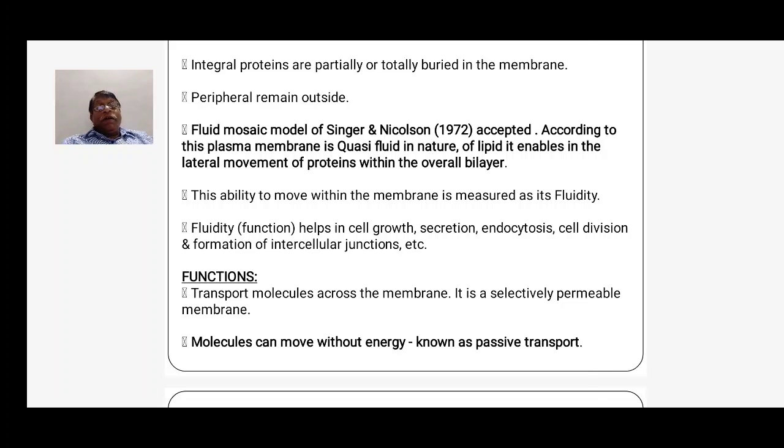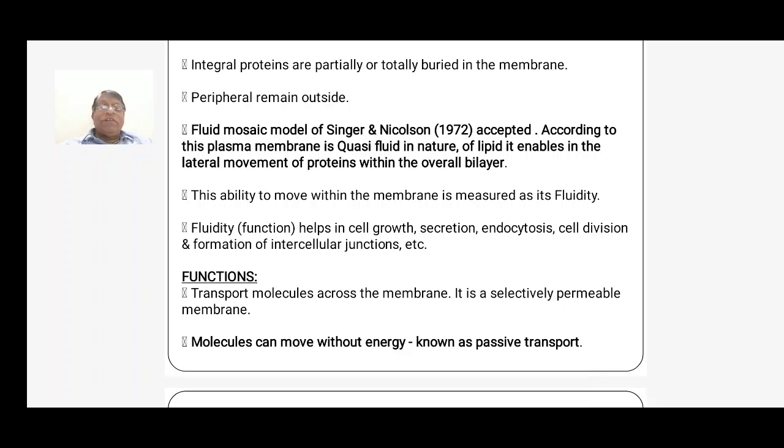Now, if we examine the diagram, it looks like a mosaic because of the proteins. Some proteins are completely buried, some are half buried, and some are outside the lipid layer.